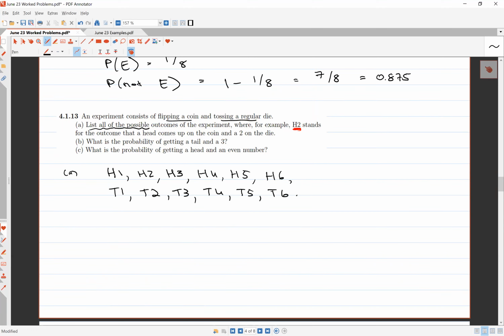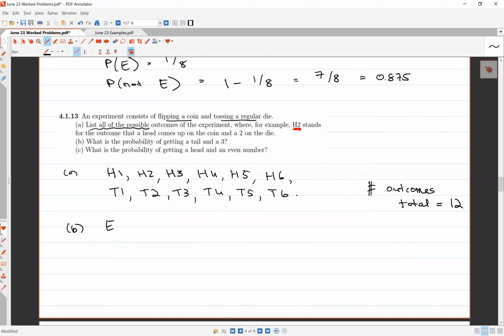So there are all the possible outcomes from this experiment. And if you go and count them, the number of total outcomes here would be 12.